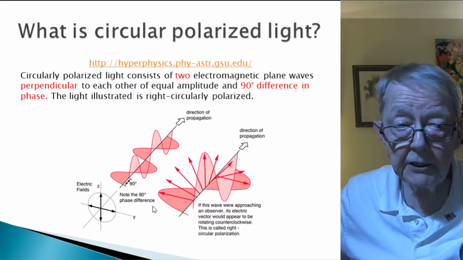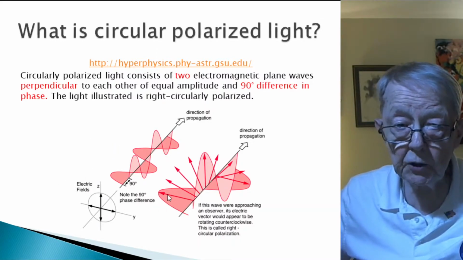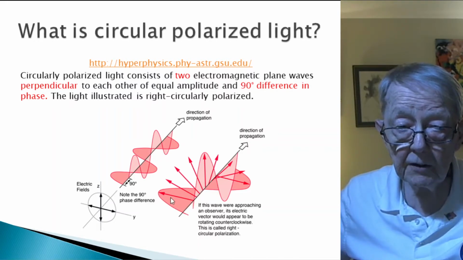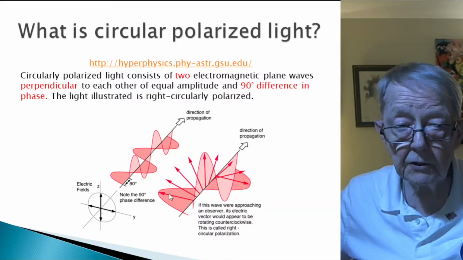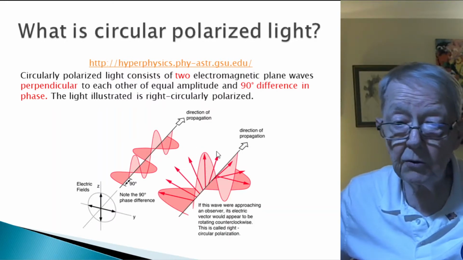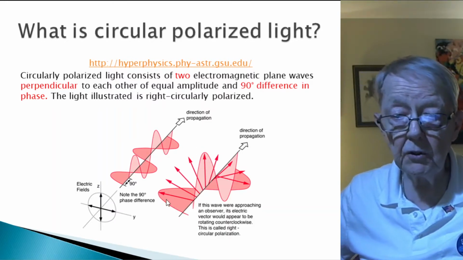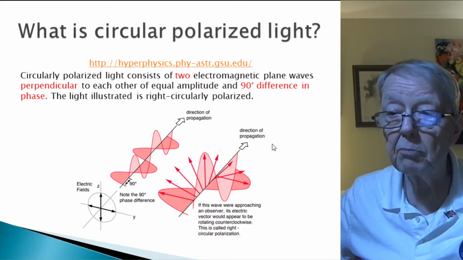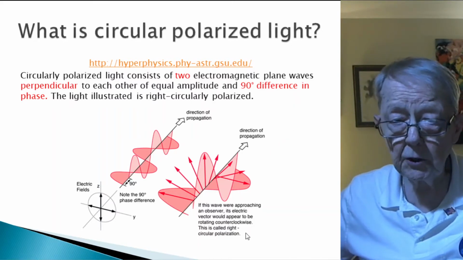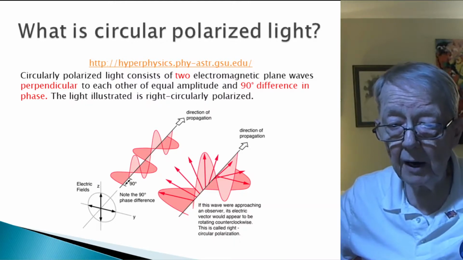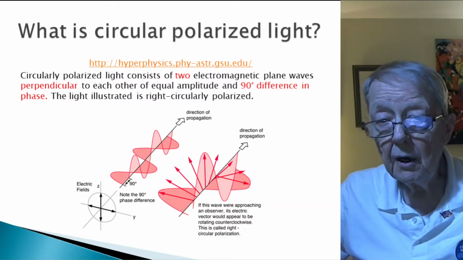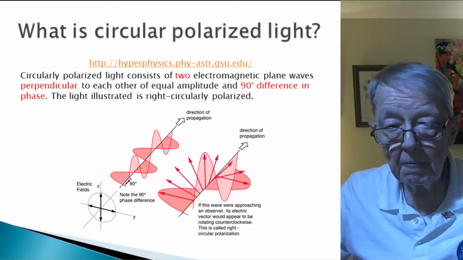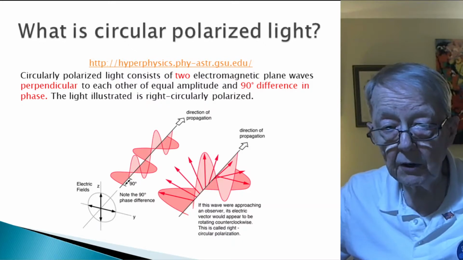And it's the combination of the electric field, shown right here, that shows this is the electric field of the horizontal, but the vertical is zero, so it's just a horizontal. Over here, the horizontal is zero, and it's just a vertical, and in between is a combination of the two, and it's this strange thing that looks like it goes around in a circle as the wave propagates. That's why they call it circular, because the combined electric fields of two electromagnetic plane waves combine to make this circular pattern.